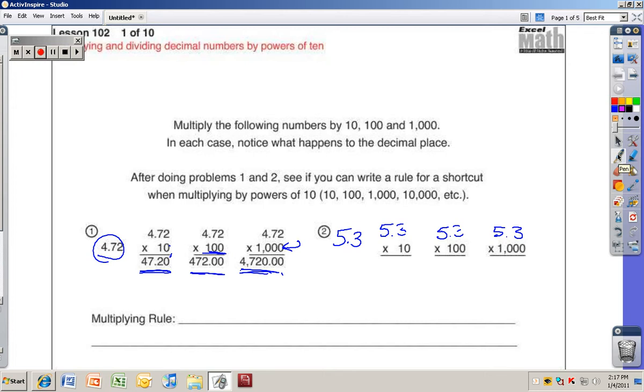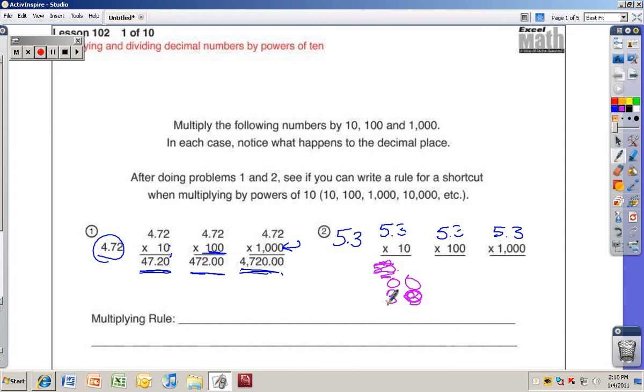Go ahead, multiply 5.3 times 10. Just go ahead and do the actual multiplication. You want to erase all that and start over again?